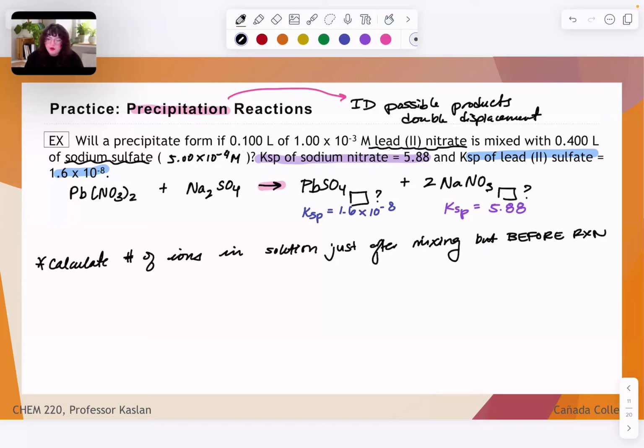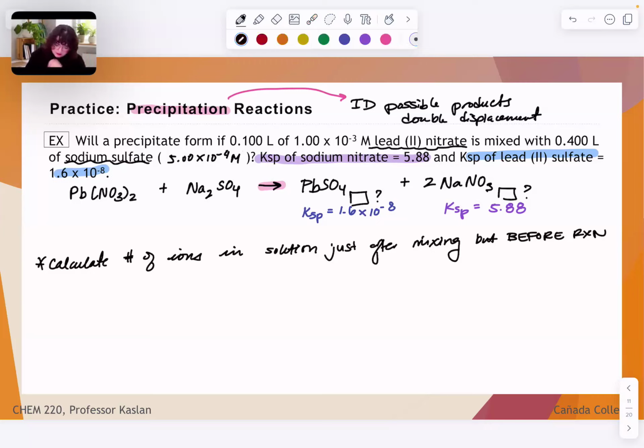So before any double displacement occurs, I've just now made this new beaker full of ion soup, and I need to figure out if my relative ion concentrations are sufficient to drive my compounds, either lead 2 sulfate or sodium nitrate, toward their solubility point and thus form a precipitate.